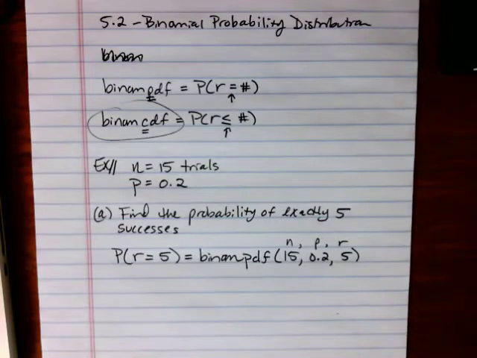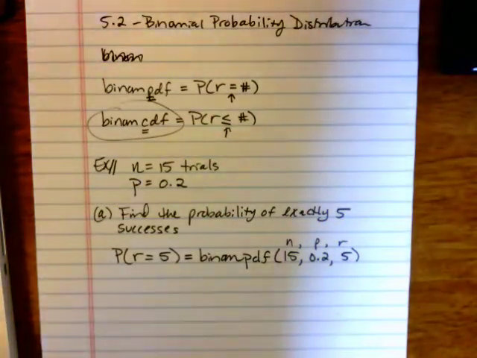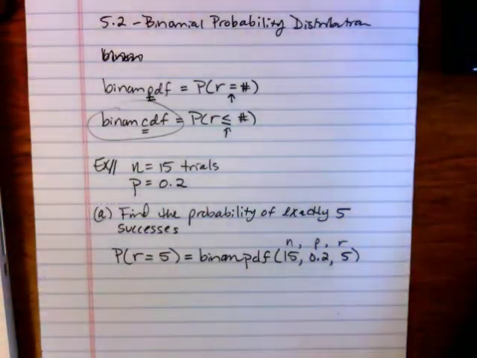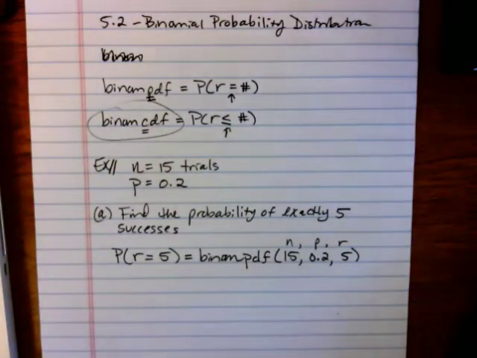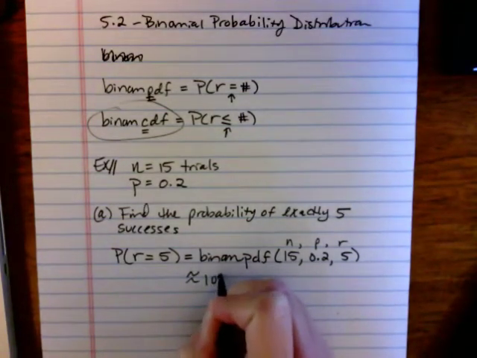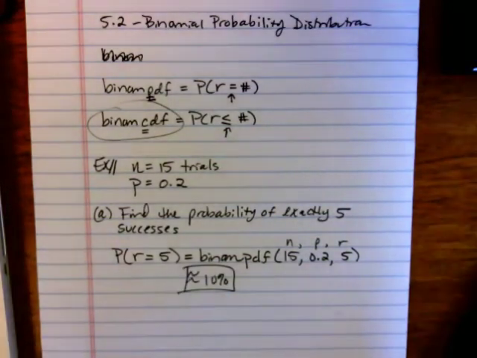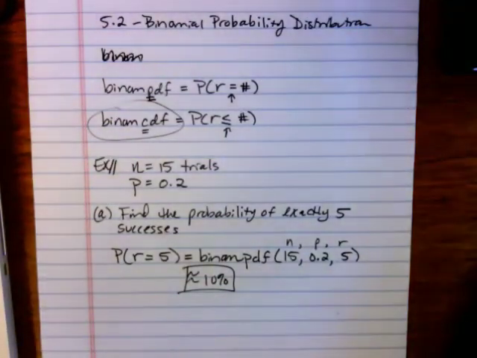There are instructions for doing that in the purple packet, but if I go to my distributions menu, down to binom PDF, 15, 0.2, 5, I end up with about 10%. So that would be the probability of getting exactly 5 successes.